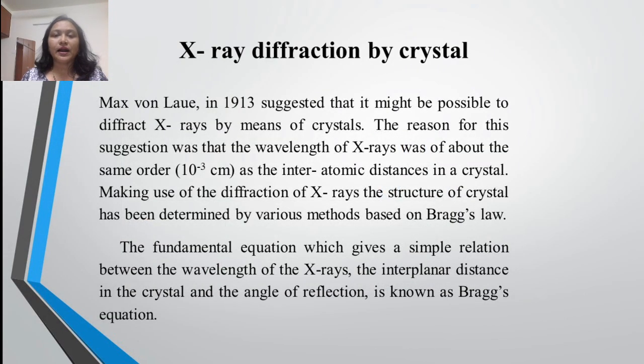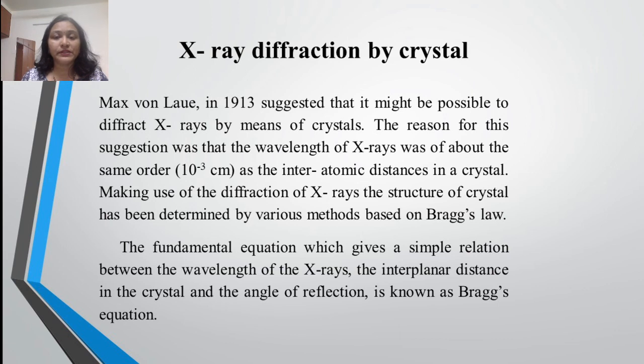First, we will see how a crystal is diffracted by X-rays. It was first suggested by von Laue that diffraction of crystals may be by X-rays because the wavelength of X-rays was of about the same order as the interatomic distance in a crystal.